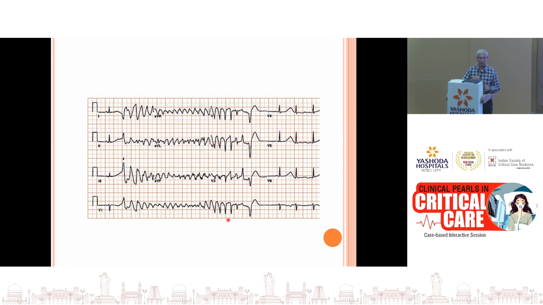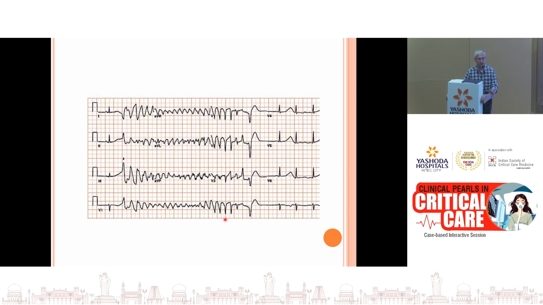Because the direction of the QRS is changing, as if rotating around the axis, we call it torsade de pointes. This is typical of patients who have QT prolongation, whether because of a congenital disease, a drug, low potassium, or whatever causes QT prolongation. This kind of arrhythmia can occur.